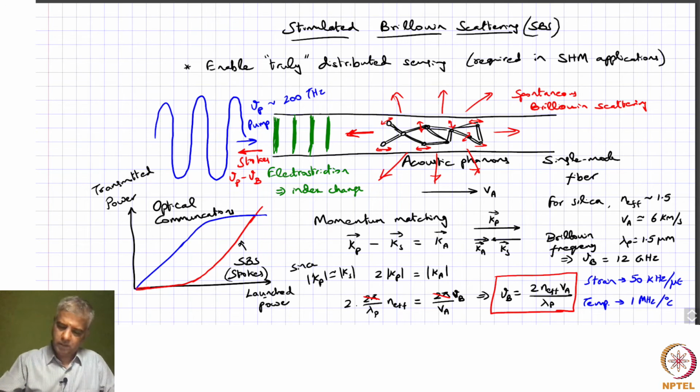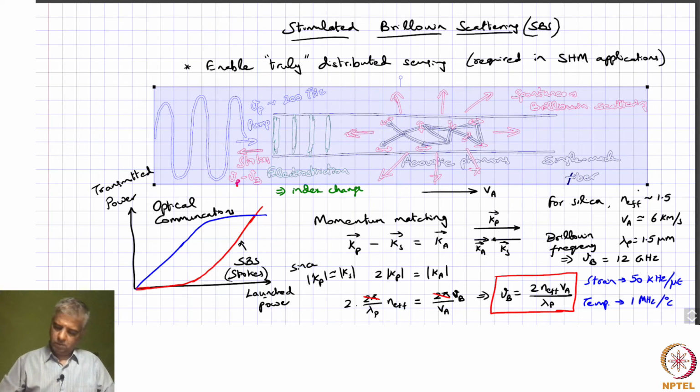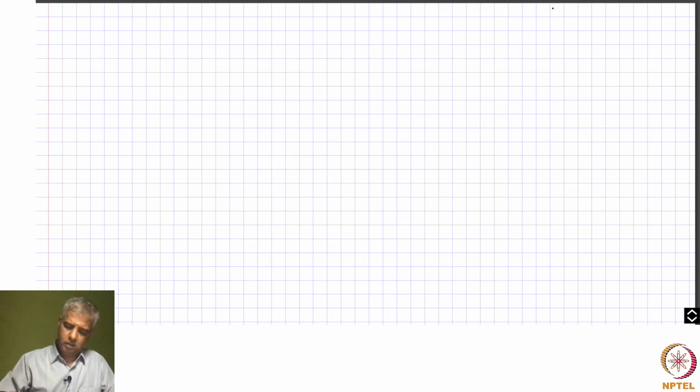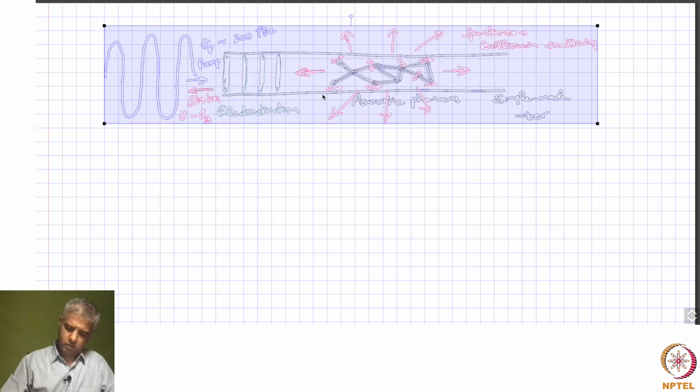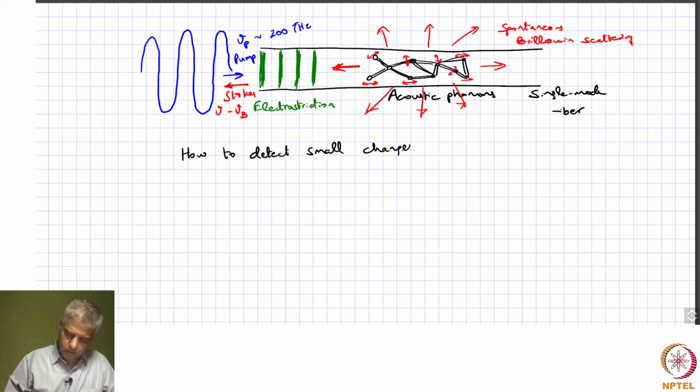So let me just copy this and take it to the next slide. So the question is: how to detect small changes in the Brillouin frequency.